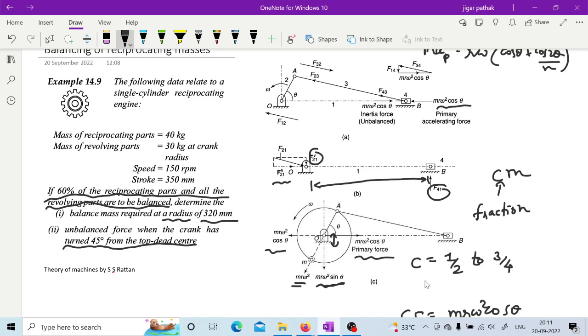Sir, if a counter mass reciprocates in the vertical direction against the already balanced mass, will it be fully balanced, like in a hypothetical case? Sorry, can you repeat? I'm saying that if a counter mass reciprocates in the vertical direction, will it be fully balanced or not?